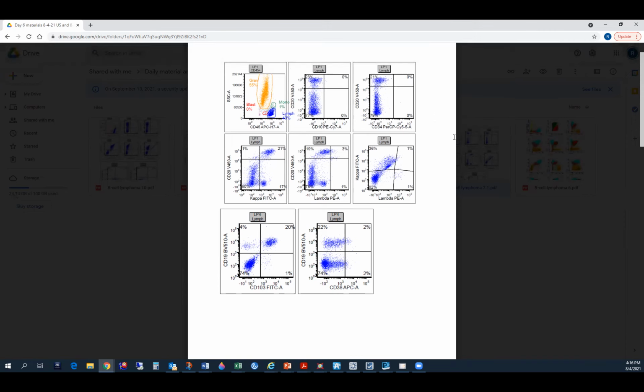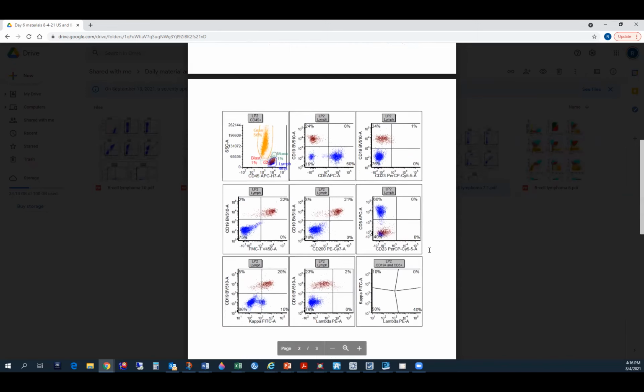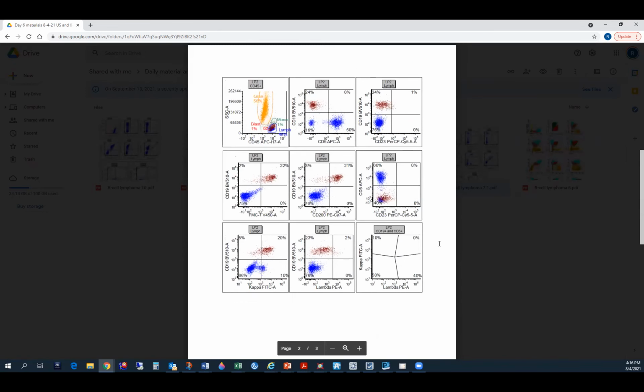CD34 negative, CD10 negative. They are kappa positive, lambda negative, so there's kappa light chain restriction. CD103 positive, CD38 negative. In the second tube, the normal population is CD5 negative, CD23 negative, FMC7 positive, CD200 positive.